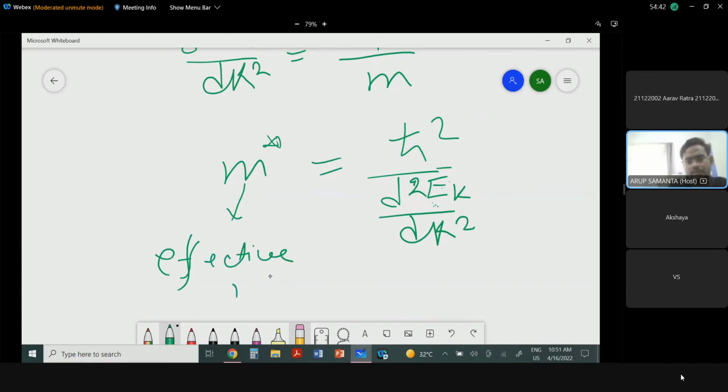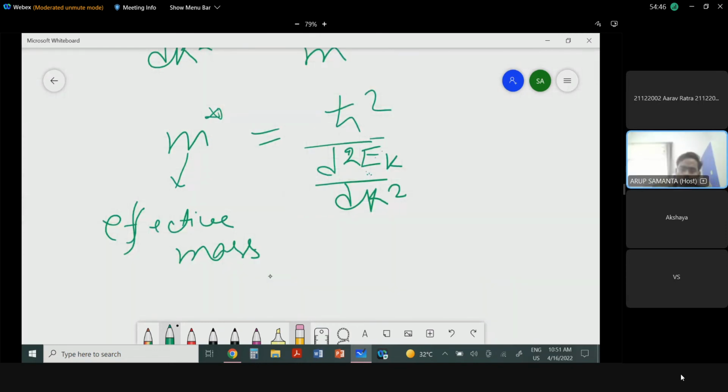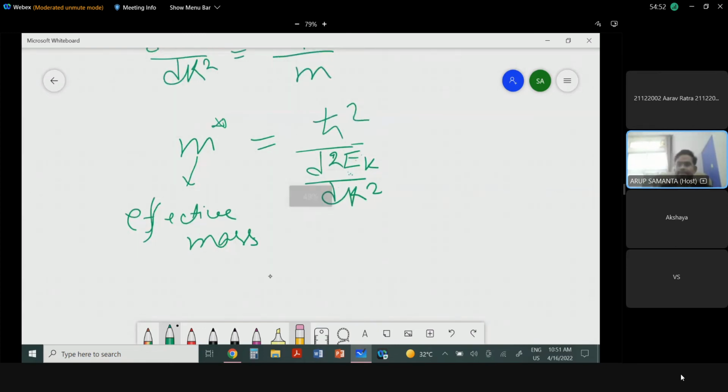Effective mass. If you are in a medium where the energy is different, you have different values with respect to the momentum direction you are changing. If there is a different value in the change of the energy with respect to your direction, then you can find the mass.